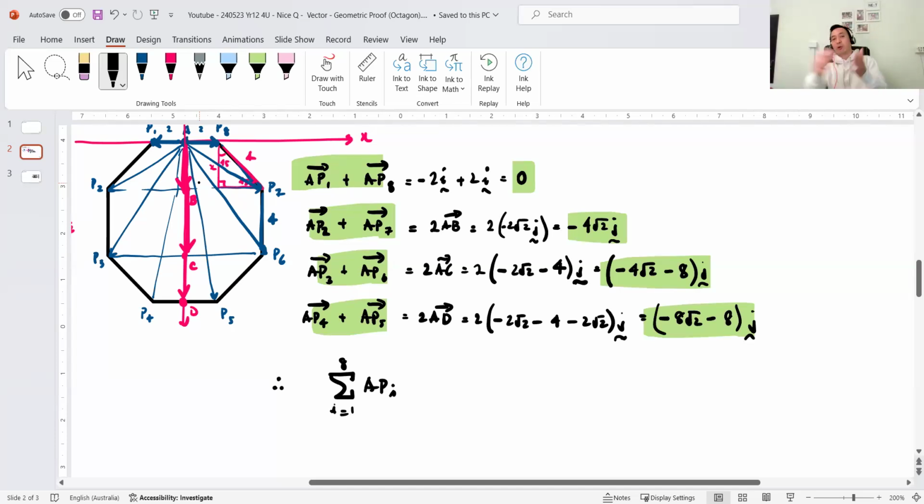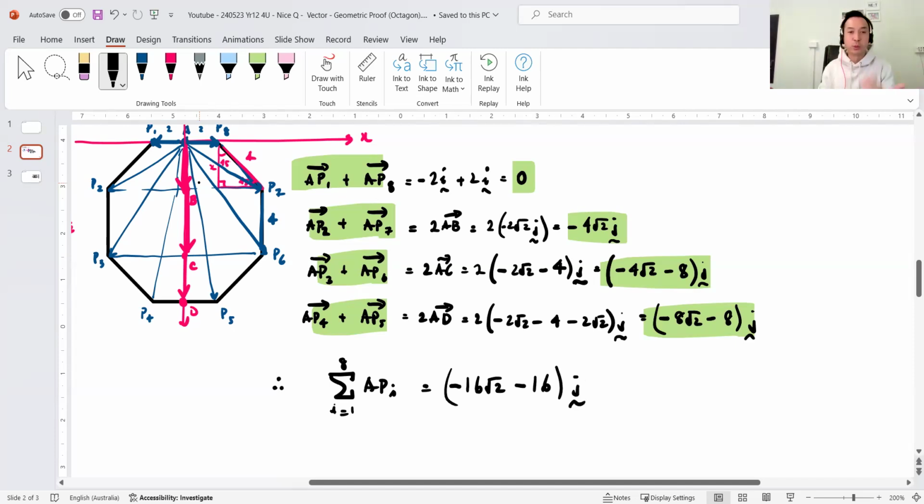You can write the string out, but I'm just lazy. That's the same thing. Now that equals the sum of all these 4. So let's add them through. So minus 4 root 2, minus 4 root 2, minus 8 root 2, that's minus 16 root 2, minus 8 minus 8, so minus 16. Yeah. That is the sum of all vectors.